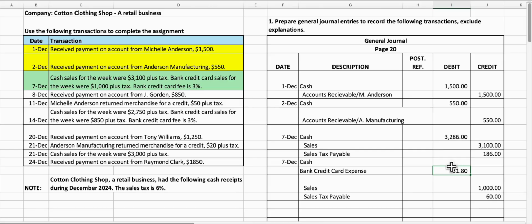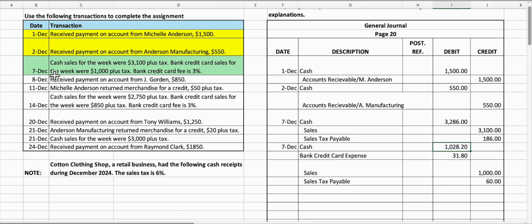Now, if the total amount of sales here is $1,060, then the total amount on this side needs to also be $1,060. So to figure out how much is left, you add sales plus sales tax minus the amount that you're paying for the bank credit card expense. And this then becomes the total amount of cash that's coming in. So that takes care of our entry for December 7th.